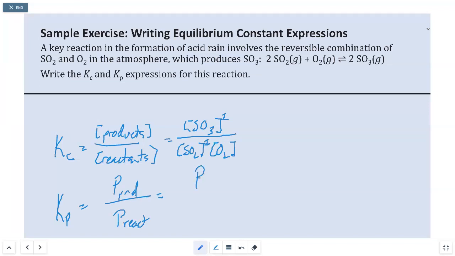So it would be the partial pressure of sulfur trioxide squared over the partial pressure of sulfur dioxide squared multiplied by the partial pressure of oxygen. Right. Any questions with this one?